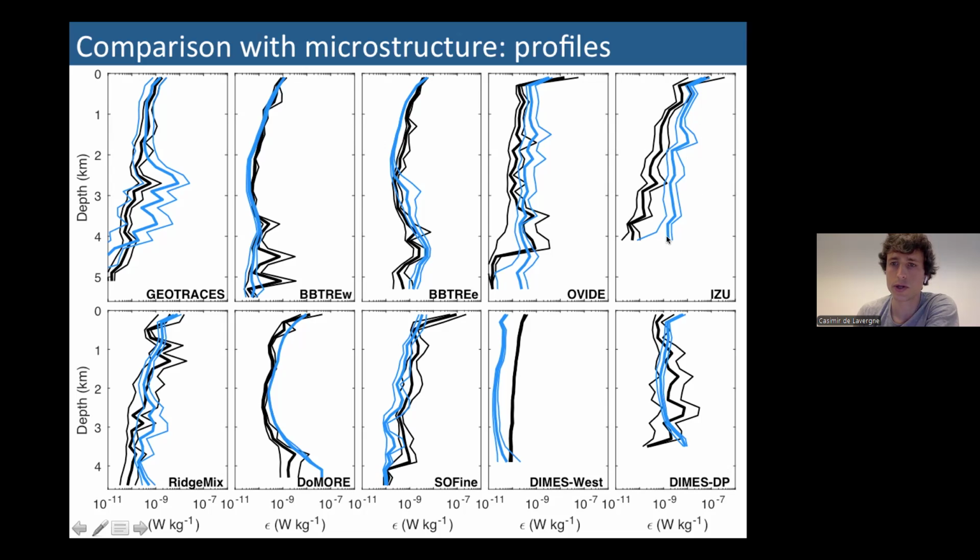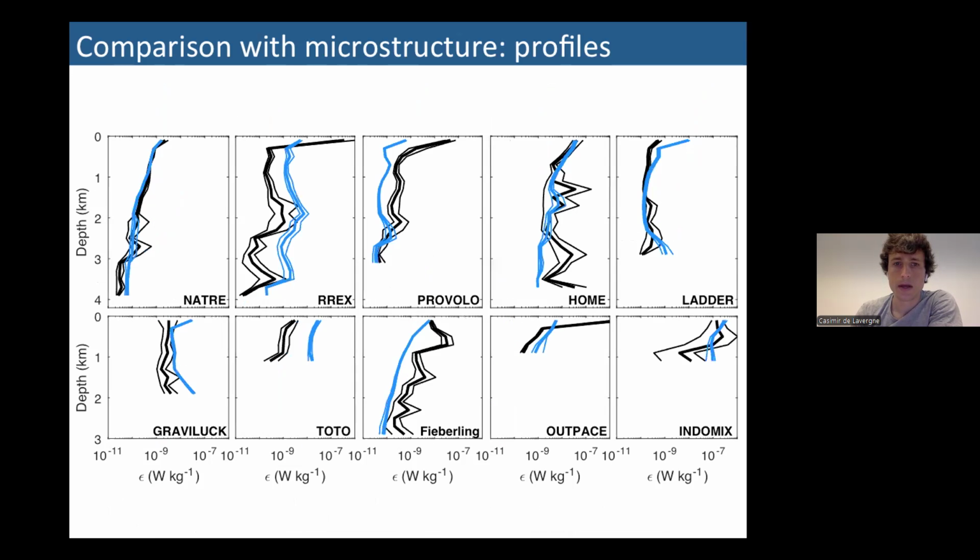We have too much here near Japan and the Izu Ridge, and in the Southern Ocean, these 3 projects here, the agreement is also much less good than elsewhere, and this is consistent with the notion that mixing in the Southern Ocean is not as much due to tides as it is elsewhere.